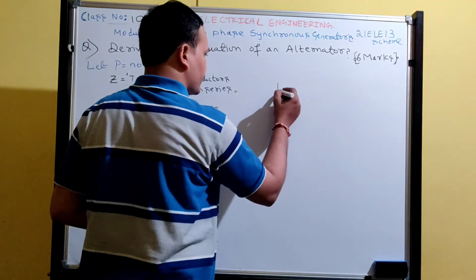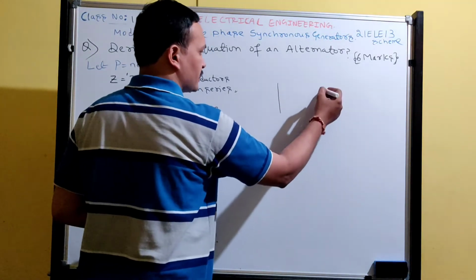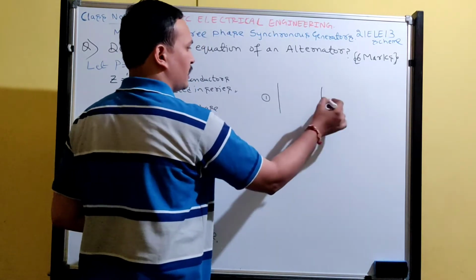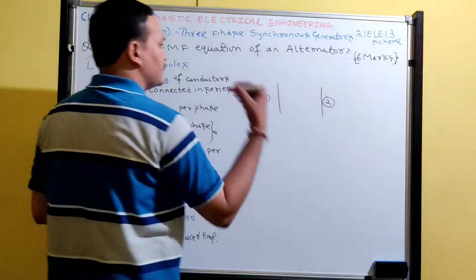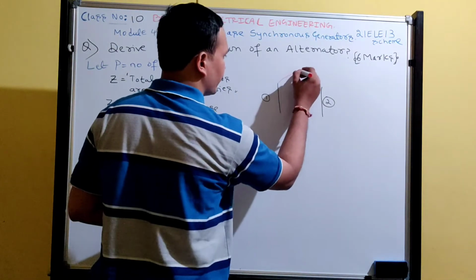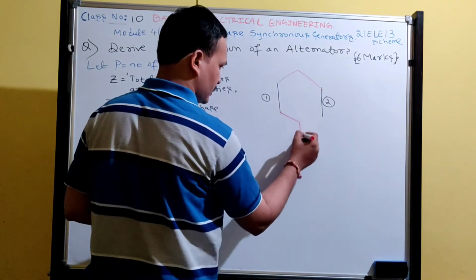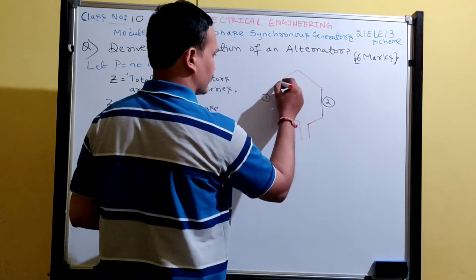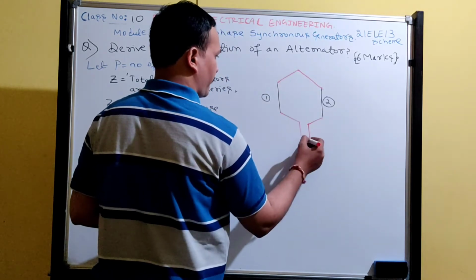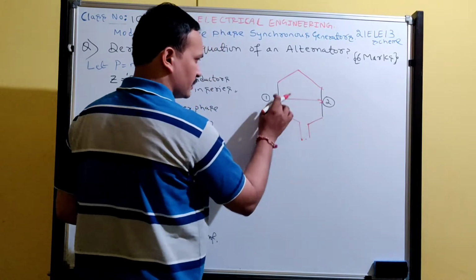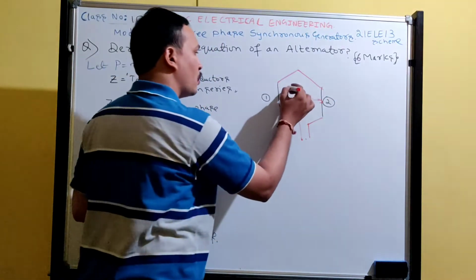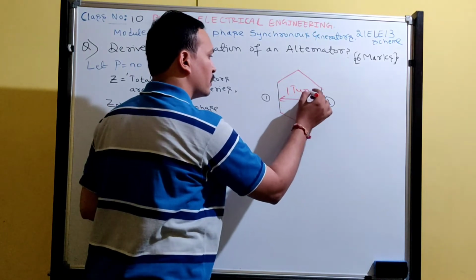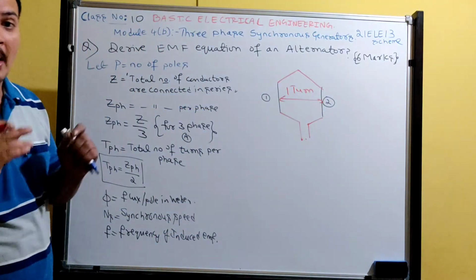See guys, this is one conductor and this is another conductor, conductor 2. If I join these two conductors, then this entire thing from here to here is called one turn.